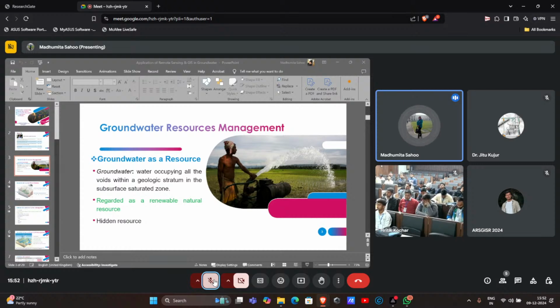The river, stream, lake, reservoir water levels, the soil moisture data, evapotranspiration, and the groundwater level data are the basic data used by researchers to start their groundwater resource management problem.